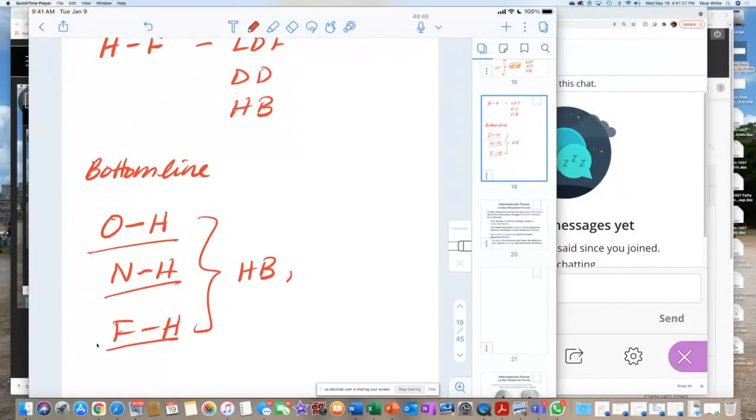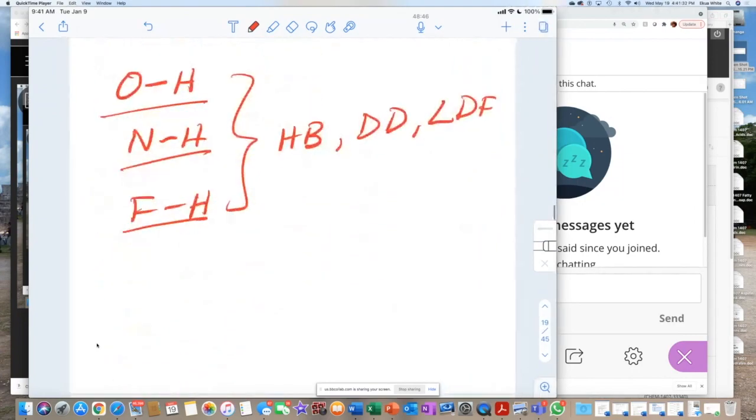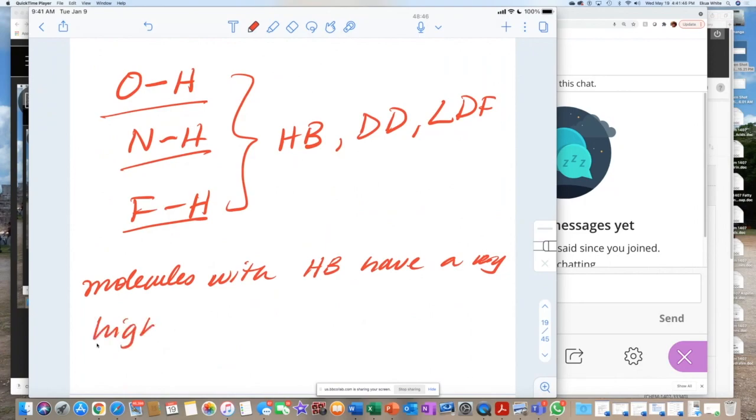When you have hydrogen bonding, you also have dipole-dipole, and you have London dispersion force. For that reason, we can then say molecules with hydrogen bond have a very high boiling point and melting point.